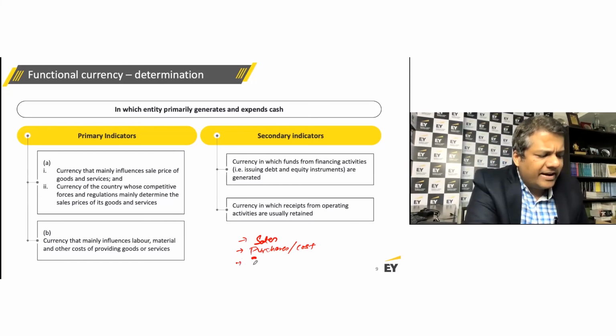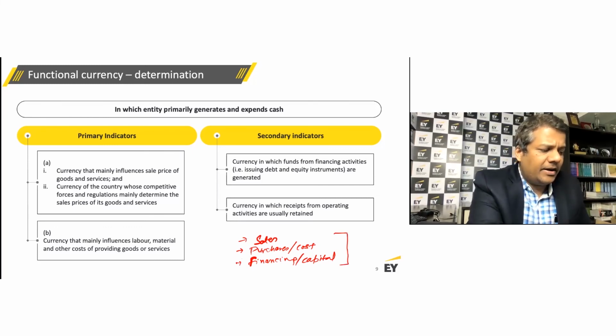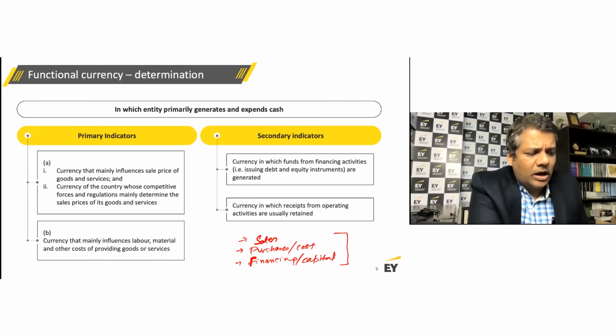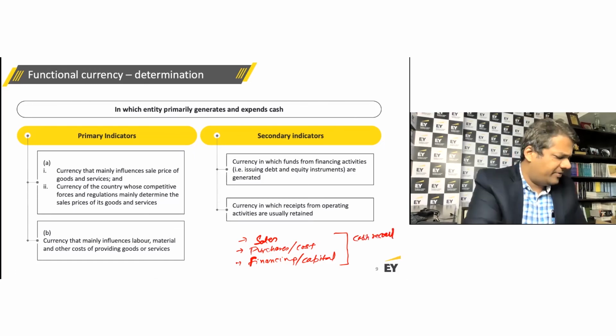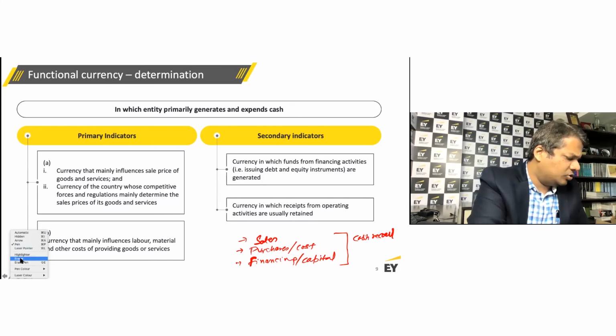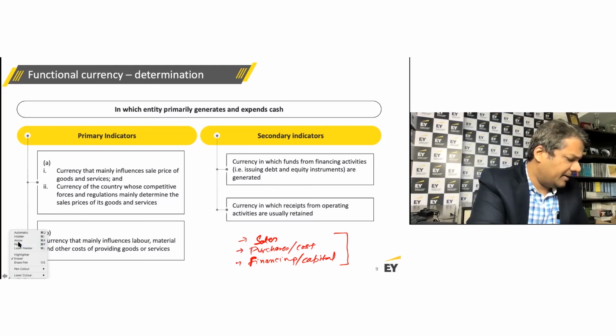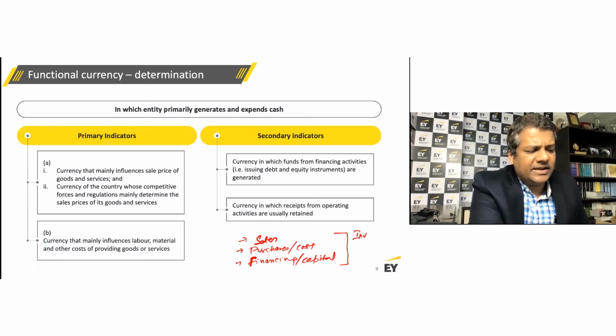And then I'm looking at financing: in which currency I have raised capital. Financing is nothing but capital. And then I'm looking at where I retain my cash flows. Once the cash has come in, where do I keep my operational cash, and in which currency am I making my investments?